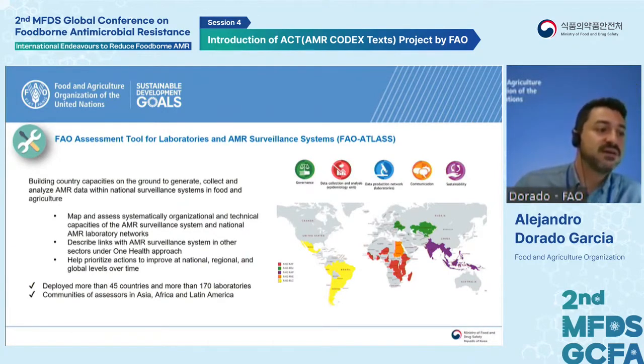That's why the tool for assessment of laboratories and AMR surveillance systems, the FAO Atlas, was developed. Over the last years, it's been implemented and deployed in more than 45 countries and more than 170 laboratories.